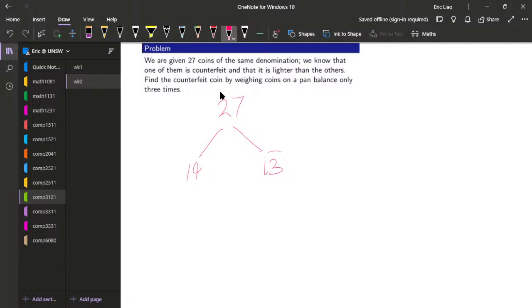That's not good because we don't know the weight of one. We could do 13 and 13, I guess. And then we'll just have a 1 chilling here.